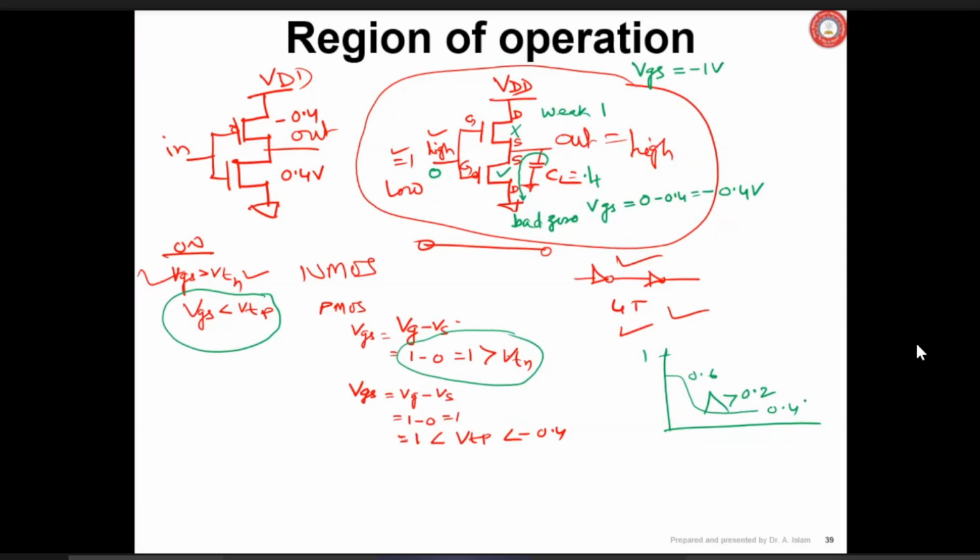It will be 0.6 volt. But in this case, 0.6 volt is a high value. It should be considered as high. The noise margin is very poor in this circuit, firstly, and it doesn't give good 0 and good 1. Is it understood? So it cannot be used as a buffer.